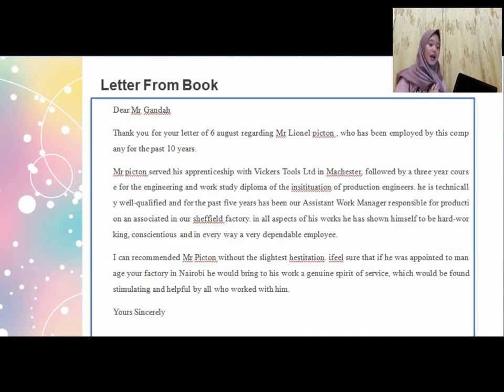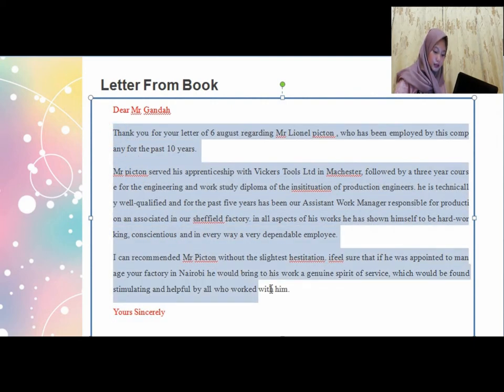Okay, next I will show you the style of the letter from the book. This is the salutation, which uses the American style, and this is the complementary clause, which uses the British style. And the format of this letter uses full block format.